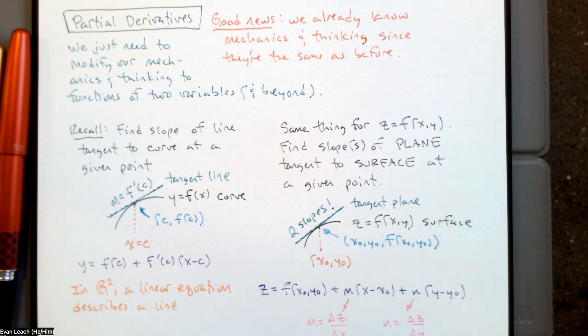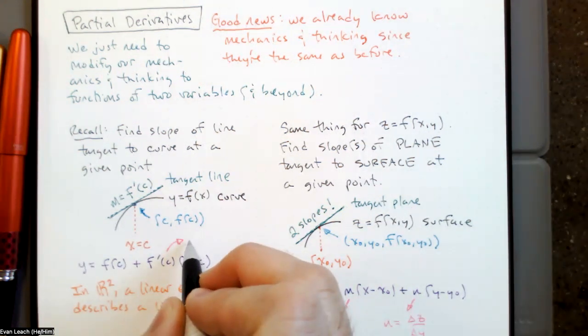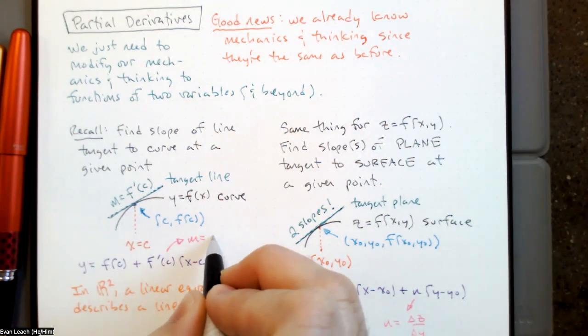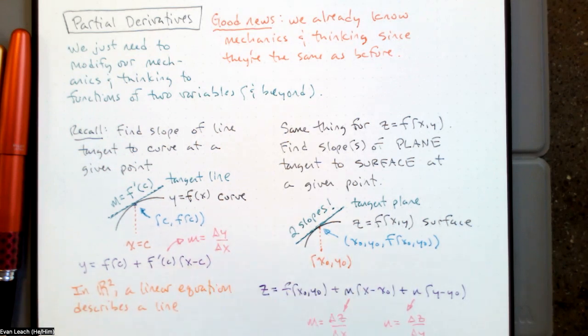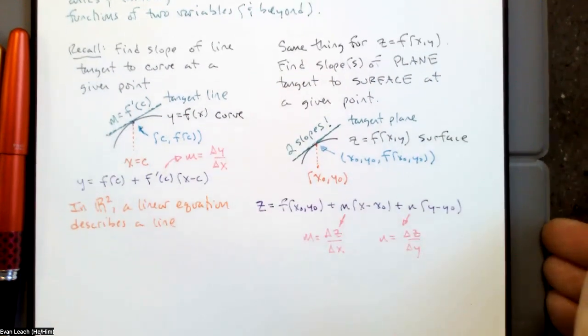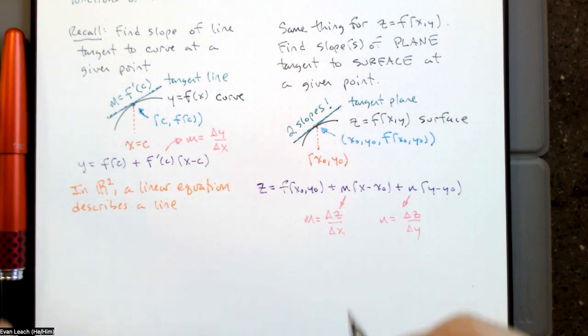Whereas in the case of a line, we only had one slope, the change in y divided by the change in x. In R3, a linear equation describes a plane. So everything matches up.